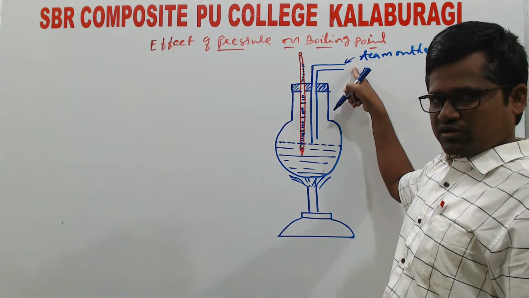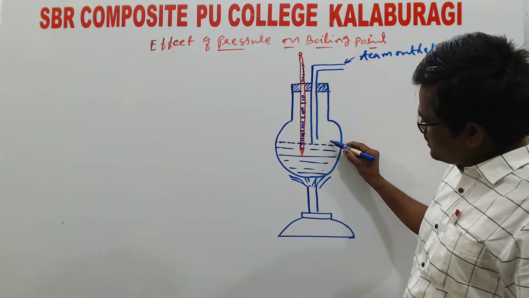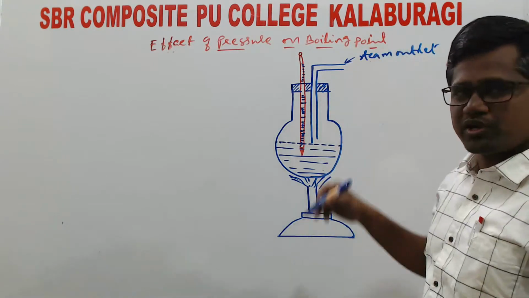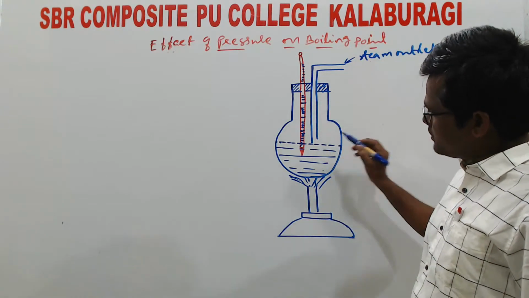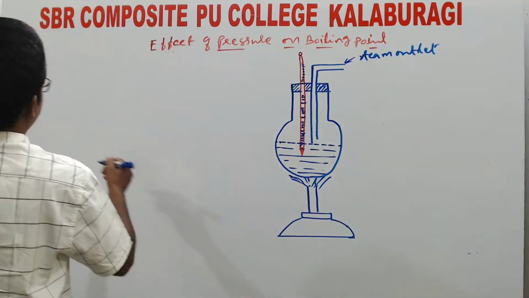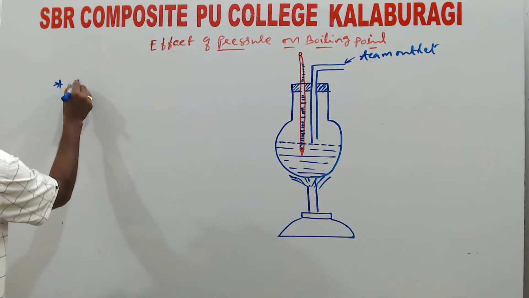As it is open, therefore, the pressure at the surface of this water and even pressure at the mouth is atmospheric pressure. So it is open means what is the pressure at the surface of water? Atmospheric pressure. Now let me write the point.